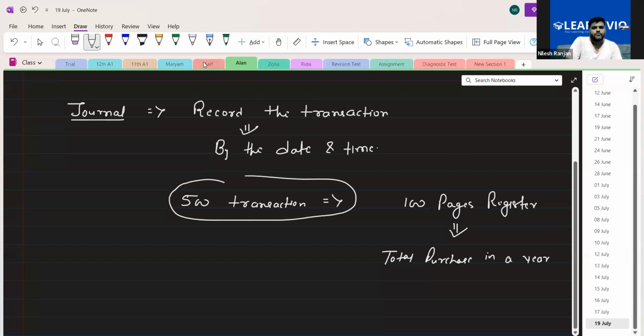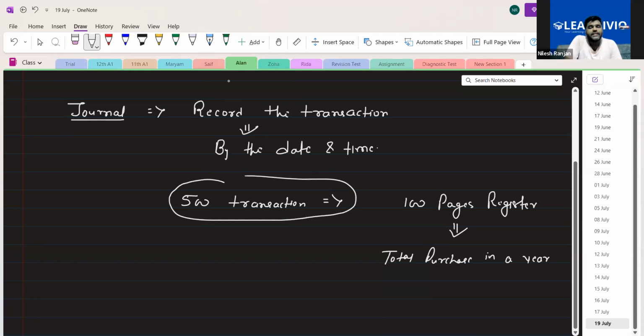No, sir. If we have to calculate total sales during the year, can you find it easily? No. If we have to know the balance of any person, any amount payable or receivable from someone, can it be calculated very easily? No, sir.